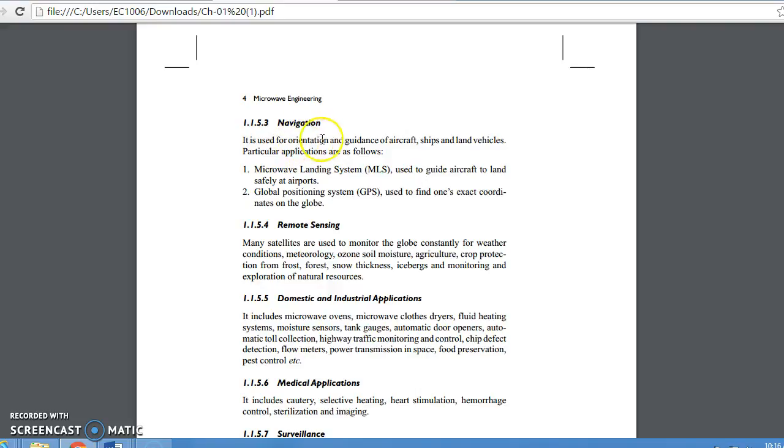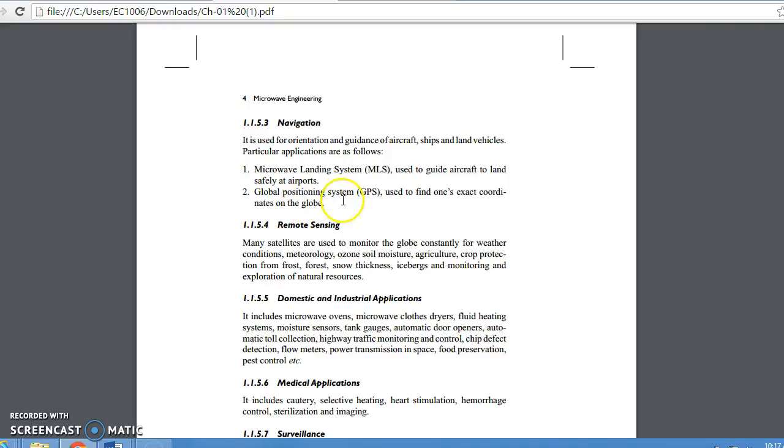Navigation. It is used for orientation and guidance of aircraft, ships and land vehicles, particularly applications such as the microwave landing system used to guide aircraft to land safely at airports. Normally at an airport, the aircraft has to find the point where it has to land, and that can be identified with the help of the microwave landing system.